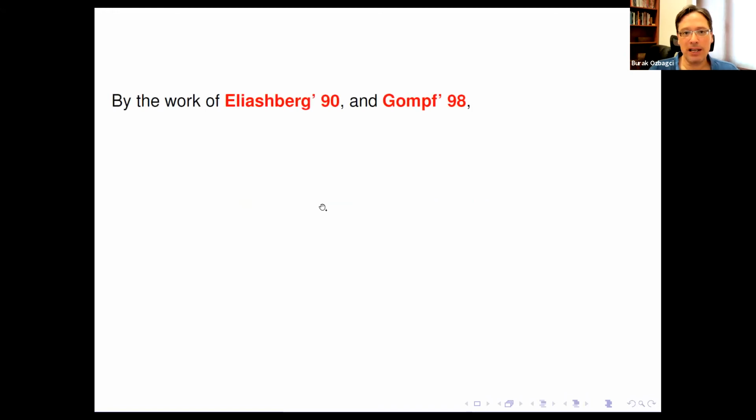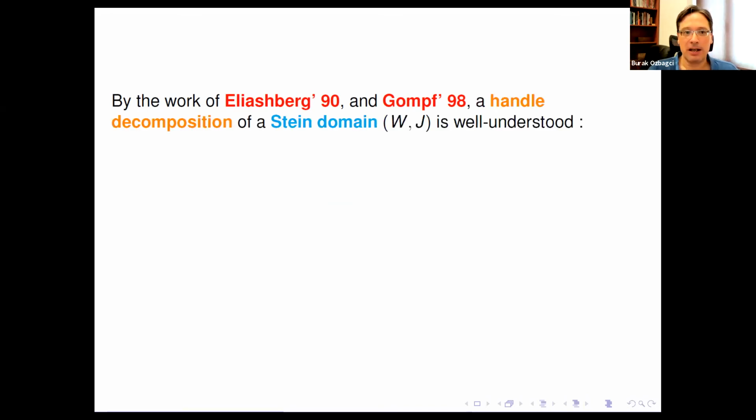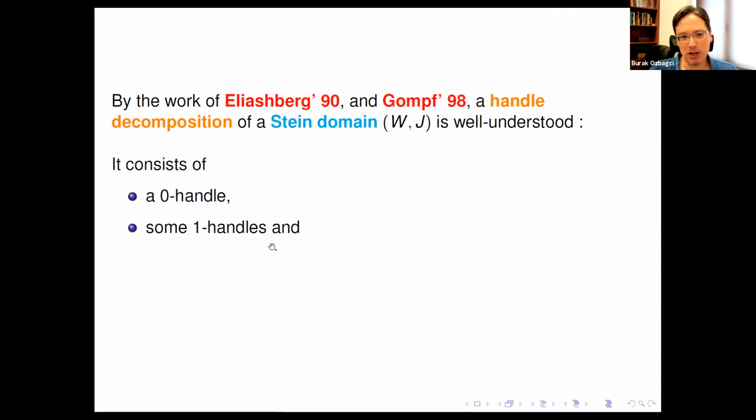By the work of Eliashberg and Gompf, Eliashberg in the 90s in general dimensions, and Gompf in dimension 4 in particular, the handle decomposition of a Stein domain W in dimension 4 is well understood. It consists of a 0 handle, some 1 handles, and this part is sort of standard.